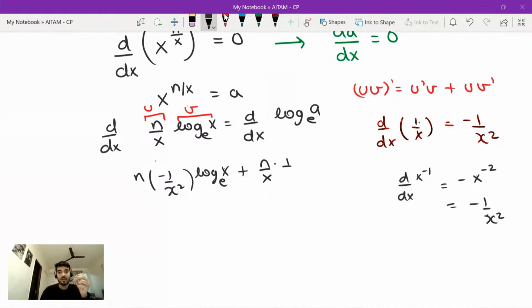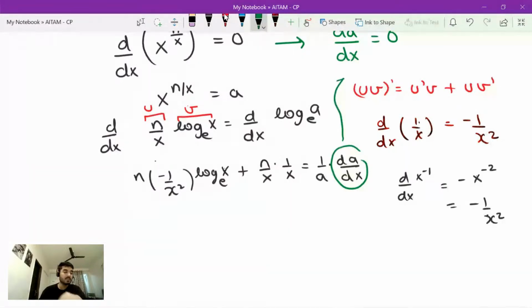So multiplied by 1 by x, and this is simply equal to 1 divided by a, and then dA by dx. Do not get confused. This a was not a constant, right? So that's why we have this dA by dx, and I need to find the value of dA by dx, same as this one.